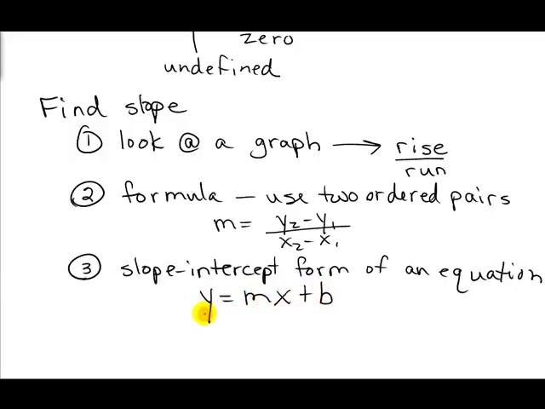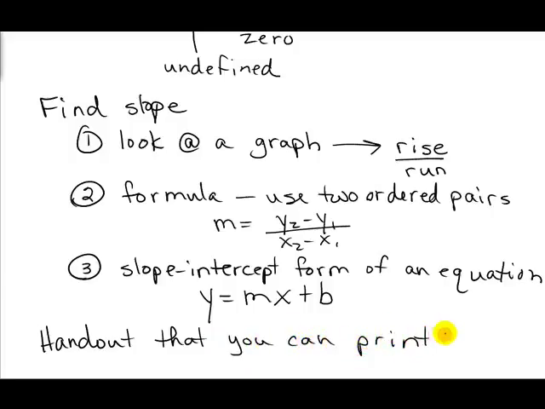Remember, this is where our f of x is, and so we'll see that again when we're graphing. We'll look at all of these in just a little bit. I also have a handout that you can print if you'd like with this information.